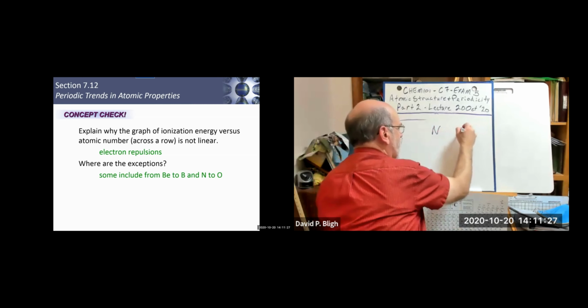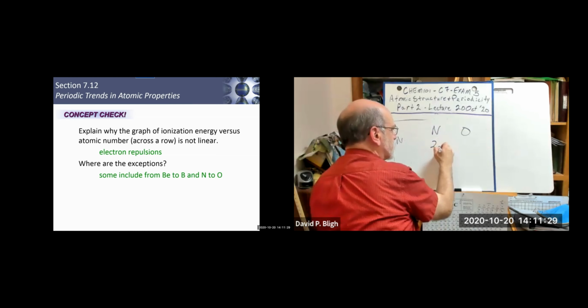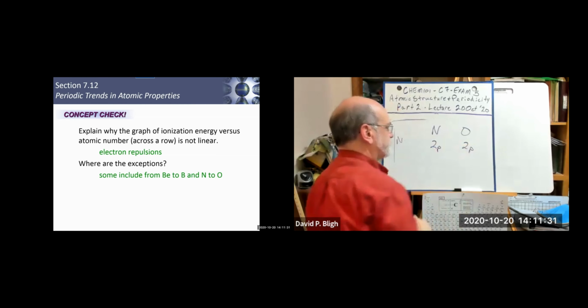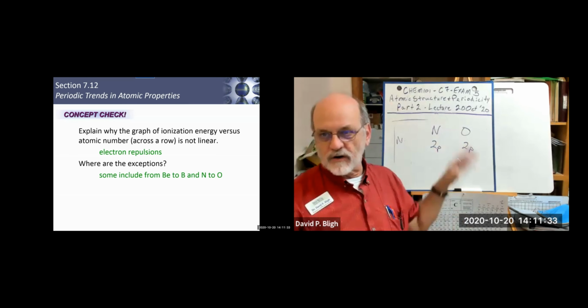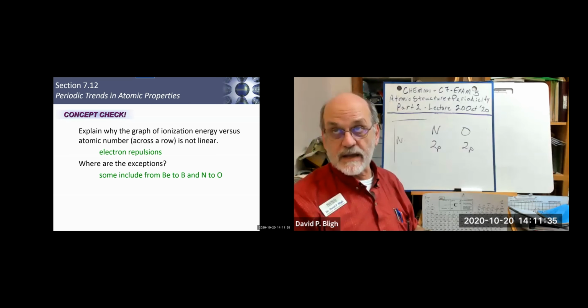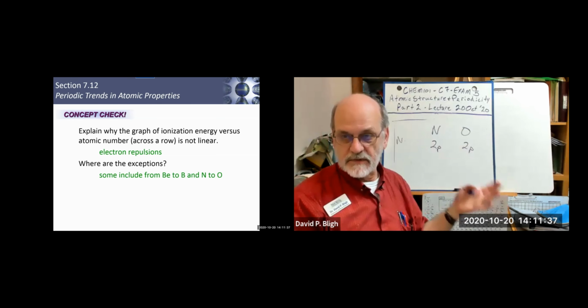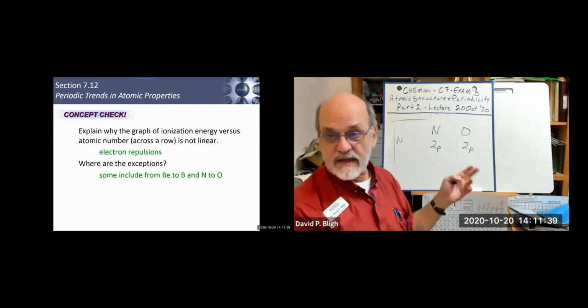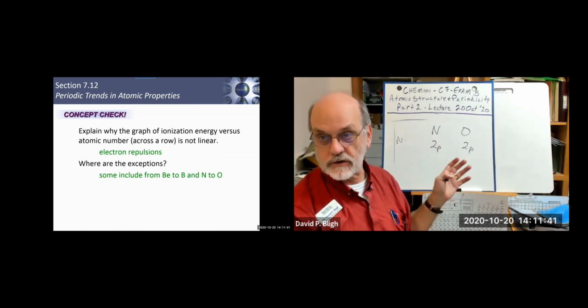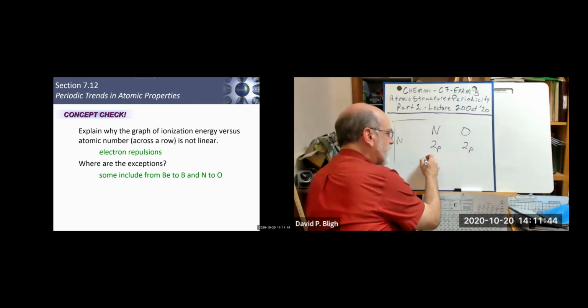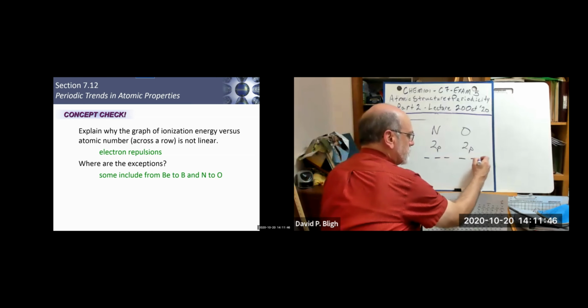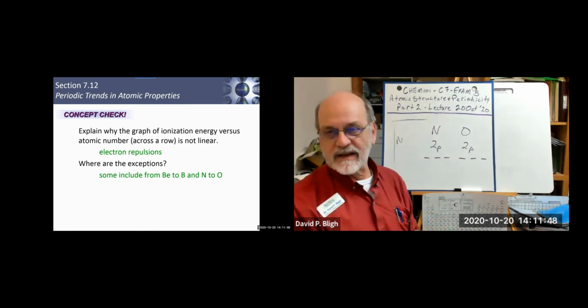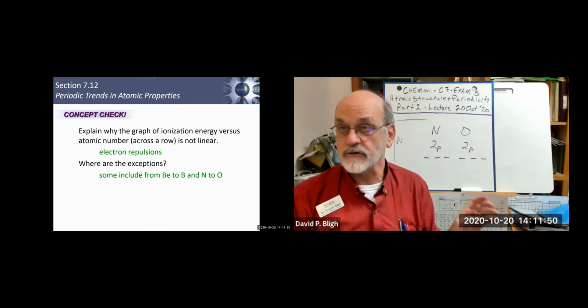Nitrogen and oxygen have 2p orbitals here. You can look at the table and see that the 2p is part of their valence structure, and you can have three possible suborbitals.